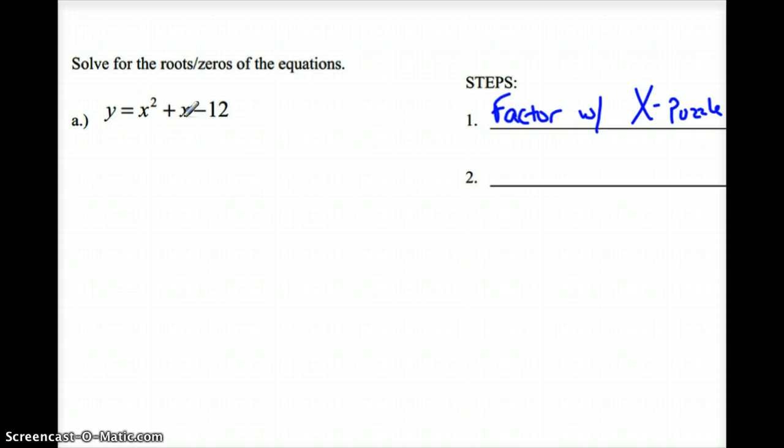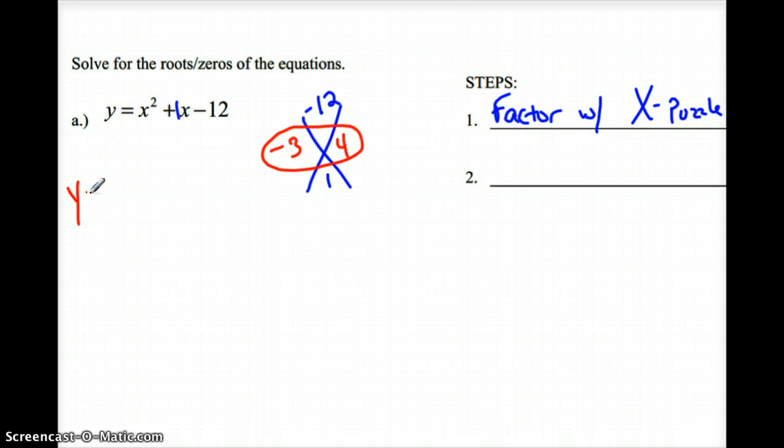So let me set up my X puzzle. The -12 would go on top, and there's understood to be a 1 there, so that would go in the bottom. What two numbers multiply to -12 and add to a 1? Well, I know I need a negative number and a positive to multiply to a negative. So I'm thinking maybe -3 and a +4. Multiply to -12, add to a +1.